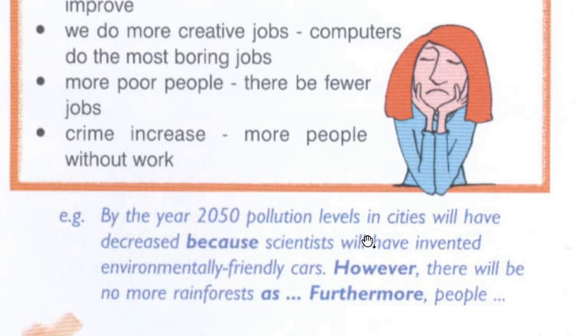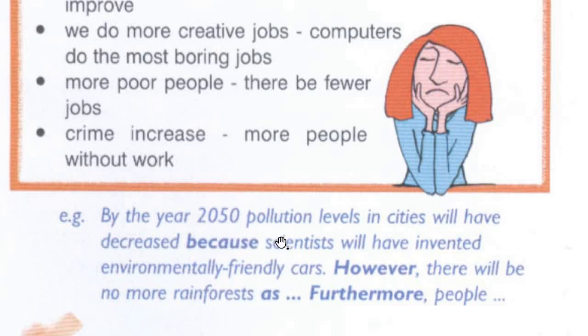Because scientists will have invented environmentally friendly cars. Now look at, I want to change into this. I start with because, capital B. Because scientists will have invented environmentally friendly cars, comma, by the year 2050.